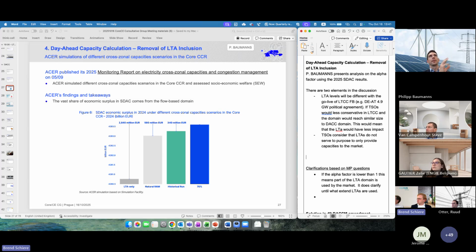But the pure flow-based domain for the day-ahead time frame, so without LTAs, will approach in the long term, in a world where there are no derogations and no action plans any longer, which we are approaching soon, hopefully, the blue bar on the right-hand side without LTAs. The purple one. Yeah. I think you have done some calculations. If you remove the LTA, apart from Austria, it doesn't have a huge impact. There's some impact, but coming from Austria.